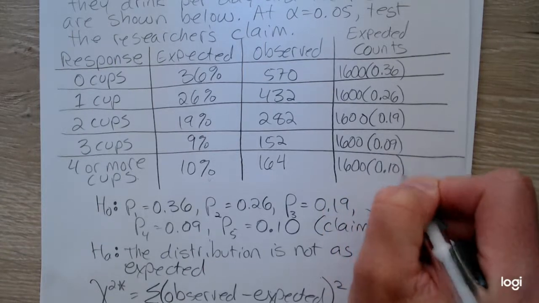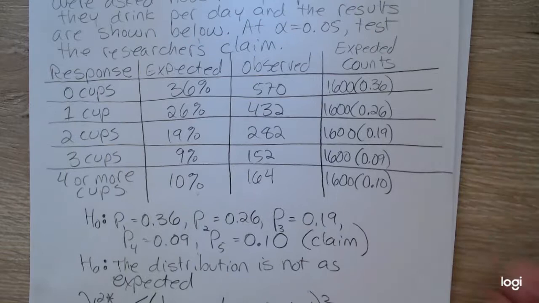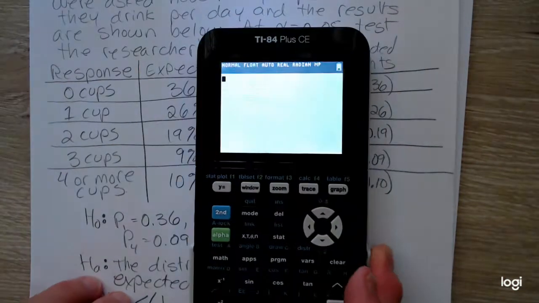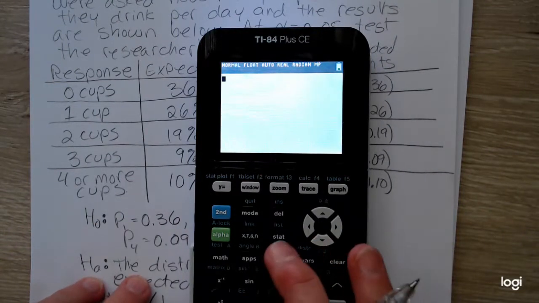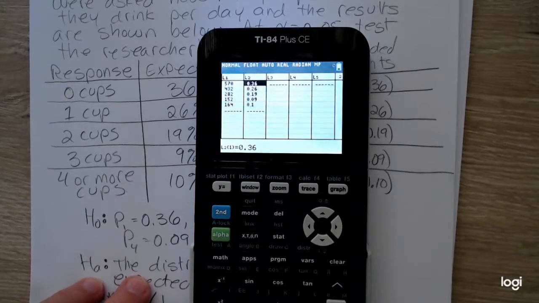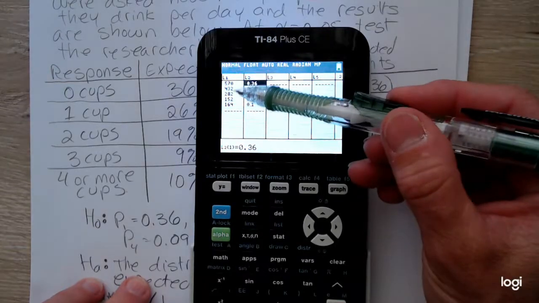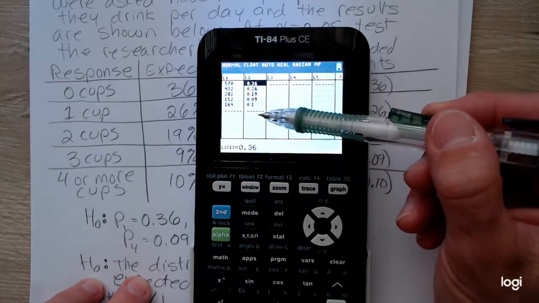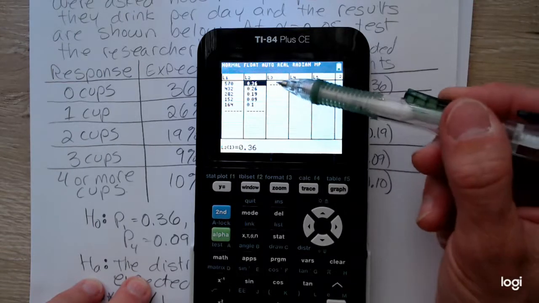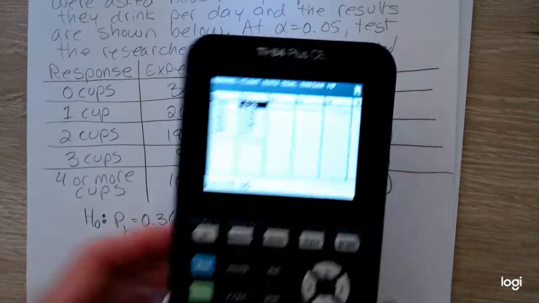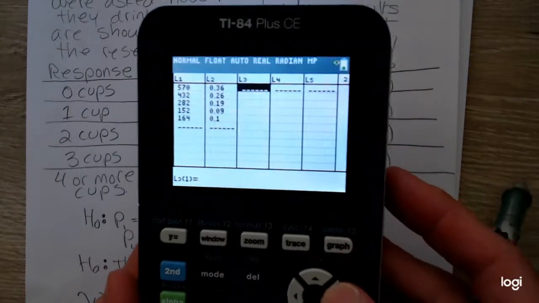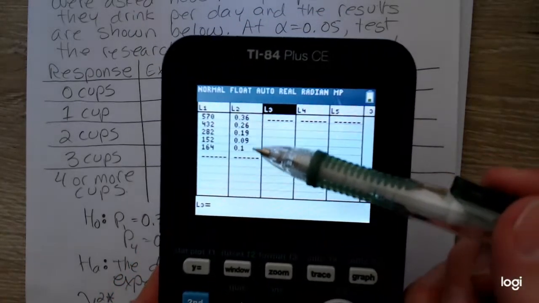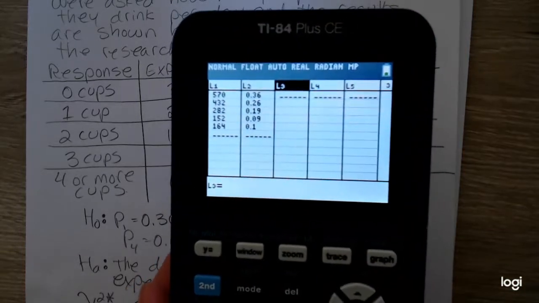Okay, now I'm going to take a little shortcut. In my calculator, in my lists, I put in the observed counts and the expected proportions for each category. So I want to create a third list by telling the calculator that I want to multiply every value in the second list by the sample size of 1,600.